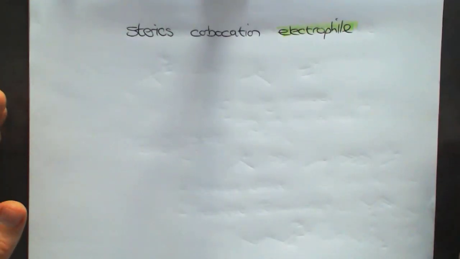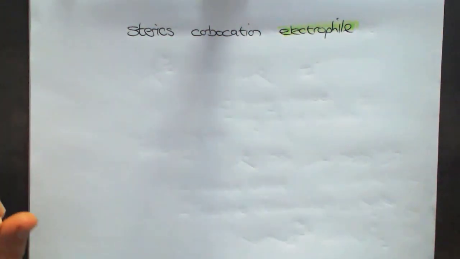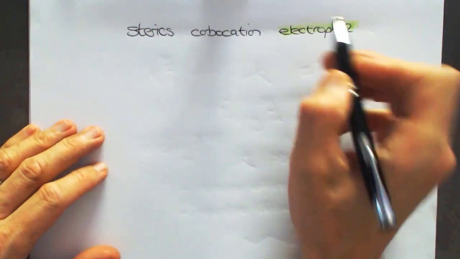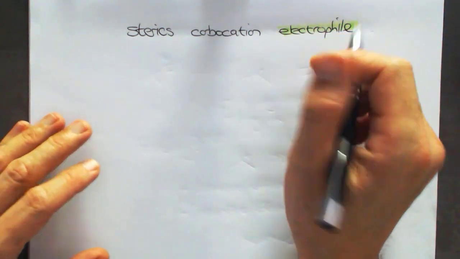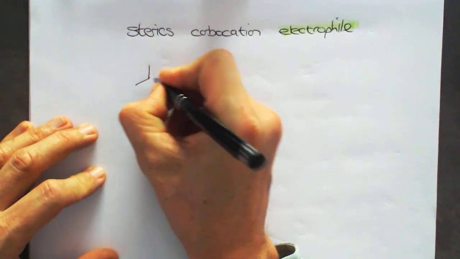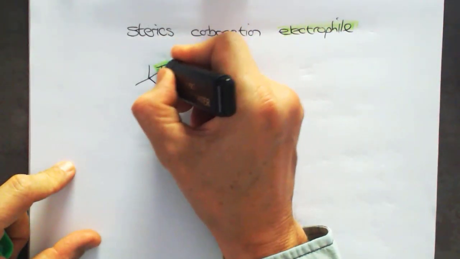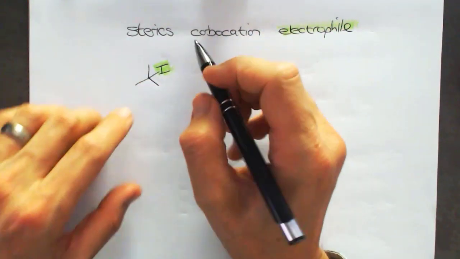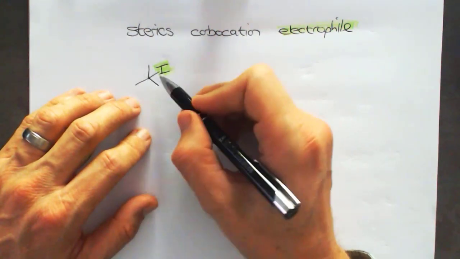All right, so I want us to look at the electrophile part of our substitution reaction. So we're setting the scene, SCE, and the E part means to look at the electrophile. And so we have looked at an example. I'm going to put up the classic example we've done a few times now, where we have a leaving group over here like iodine. When we look at something like that, we recognize that this molecule has a leaving group on it, so it is an electrophile.